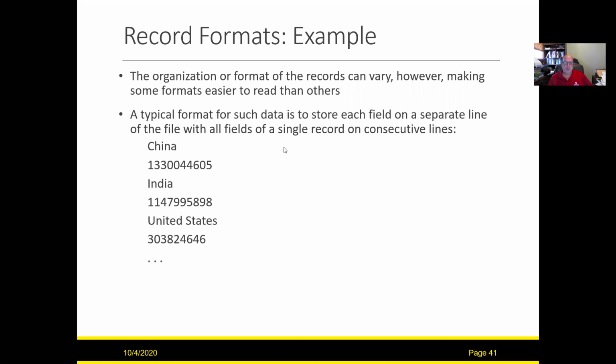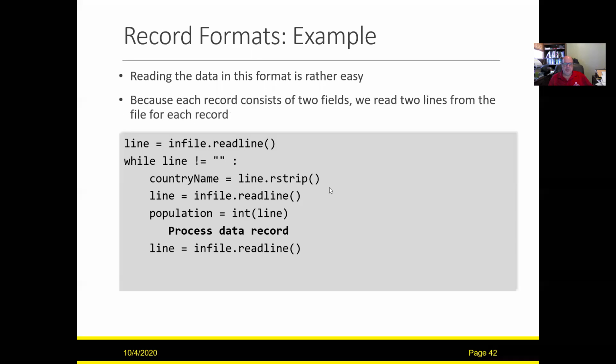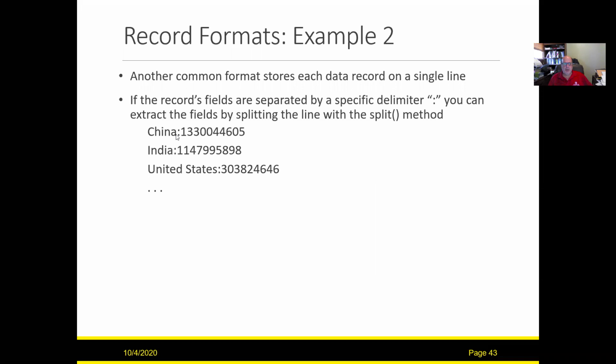In this case, I'm going to read one line for the name and one line for the number, and I'll be okay. But if they are on the same line, they can be separated with a colon or semicolon or something. So that's one way of having the file. I have to know what the format of my file is.